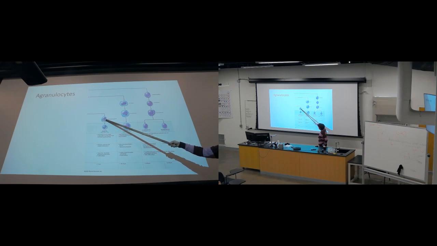They look purple, so you hardly see the nucleus. You see a lot of granules. These also have chemical mediators of inflammation. This is the least abundant of the white blood cells. It makes up less than 1% of the total, between 0 and 200 per microliter of blood.